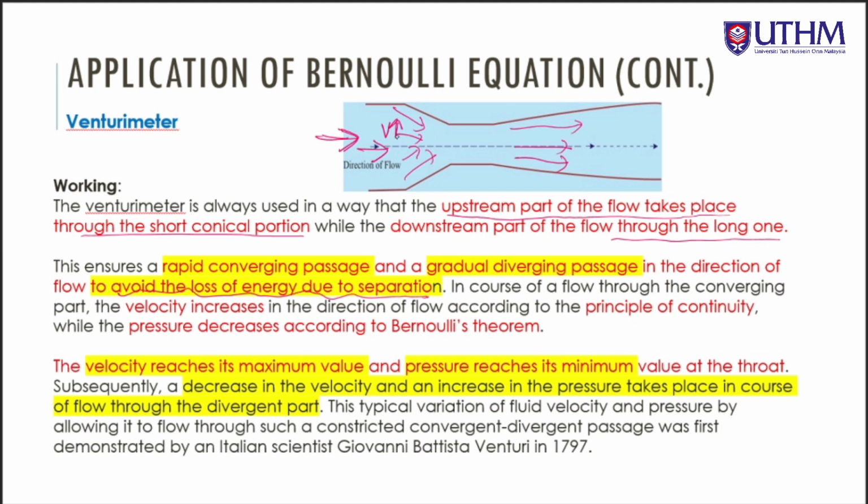So macam kita belajar Bernoulli, velocity increase, pressure decrease. So on the other hand, dekat bahagian kanan ni velocity decrease but the pressure increase. And actually dekat tengah-tengah ni, the velocity will reach its max, okay, and pressure will reach its minimum point. Okay, and that is all about the characteristic of P and V sepanjang ventrimeter ni.